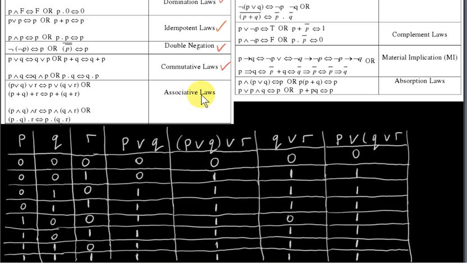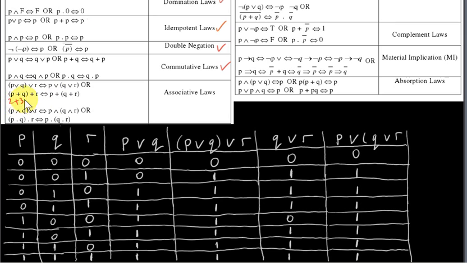Let's look at the first associative law. The associative law is similar for the operation OR. It's similar to the arithmetic operator plus, like 2 plus 3 plus 4. For adding three numbers, we can take any two numbers at a time.